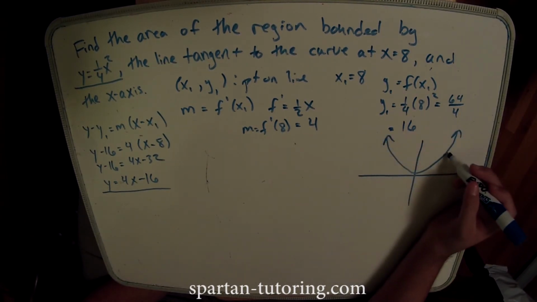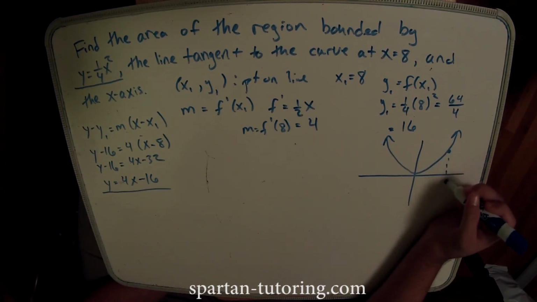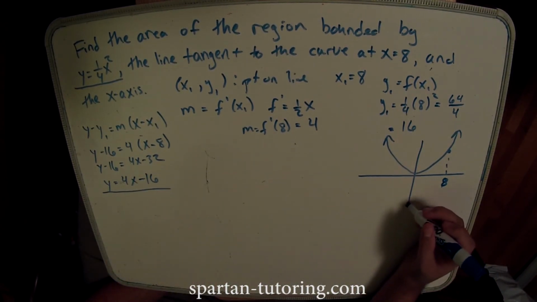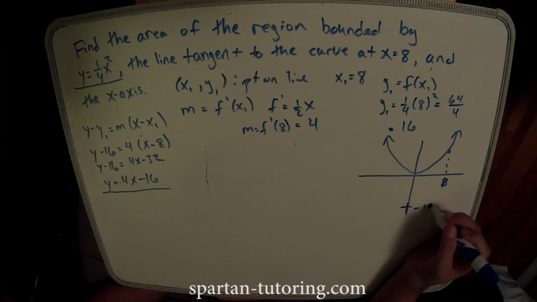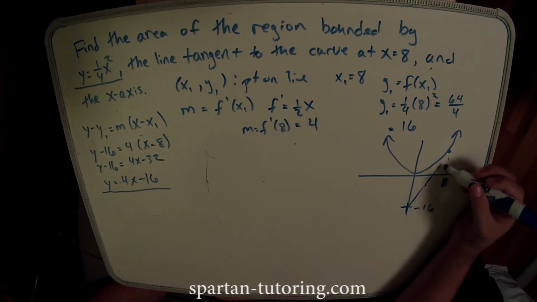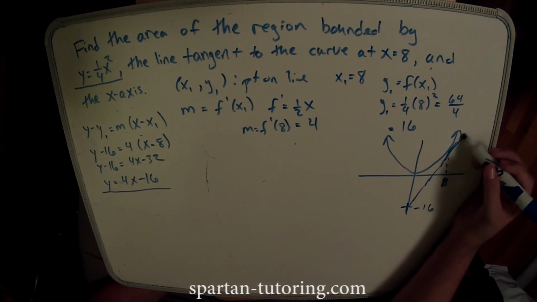We're going to have the tangent line at x equals 8, the line 4x minus 16. You should know it crosses the y-axis at negative 16. So I'd draw this line like this. You get the idea.